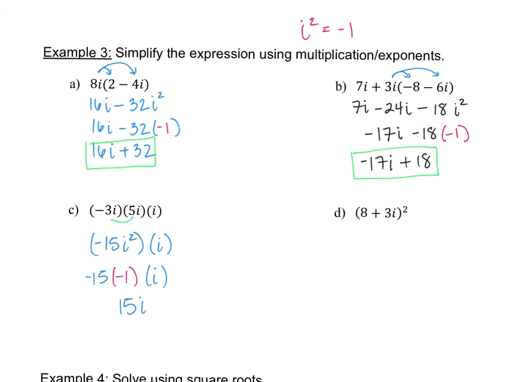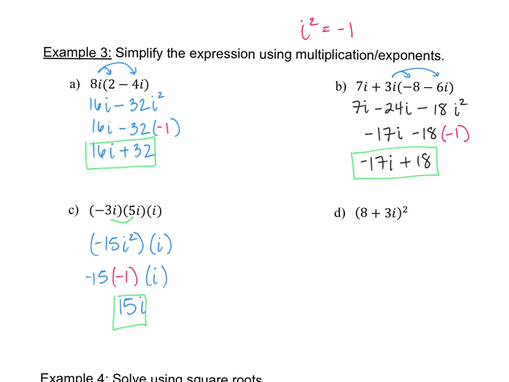So a lot of people, the easy way to look at things is anytime they see an i squared next to it, they'll just go ahead and change the sign. So they might skip this step and just combine these two and make it a positive. Like same thing here. If I notice that this is an i squared, I'll just go ahead and change that -15 to a +15. So that's a little bit quicker if you can move that fast, or you're comfortable with moving that fast.